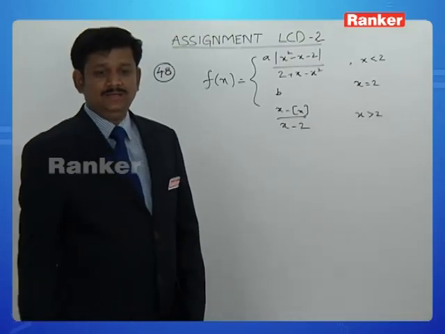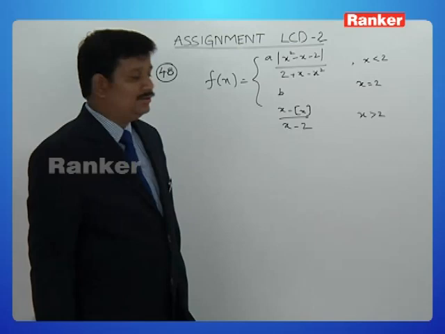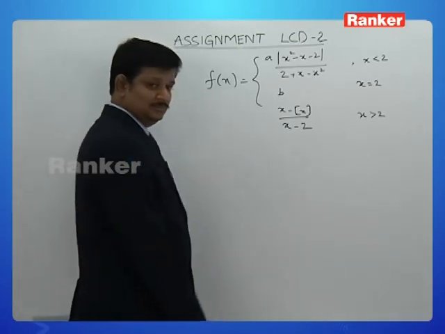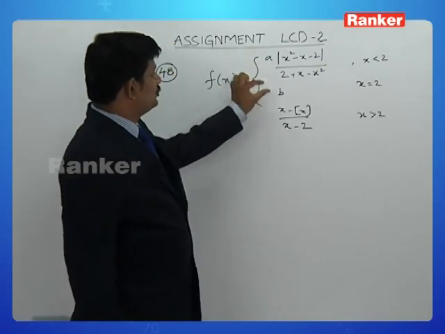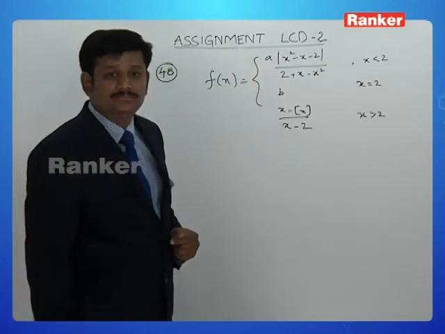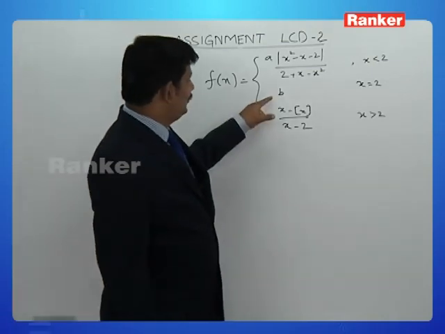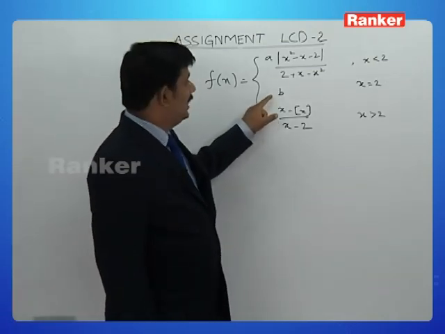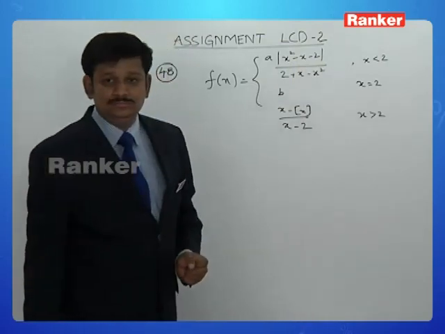We are asked to find the values of a and b given the function is continuous at 2. For the function to be continuous at 2, f of 2 should be same as the left hand limit at 2, which should be same as the right hand limit at 2.